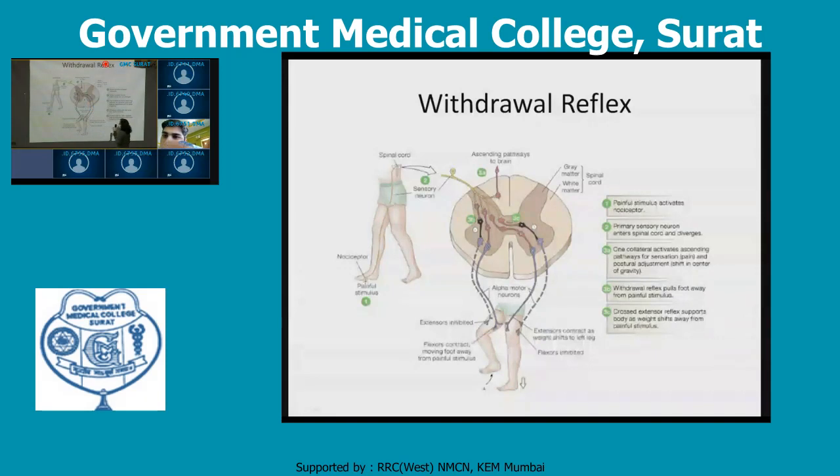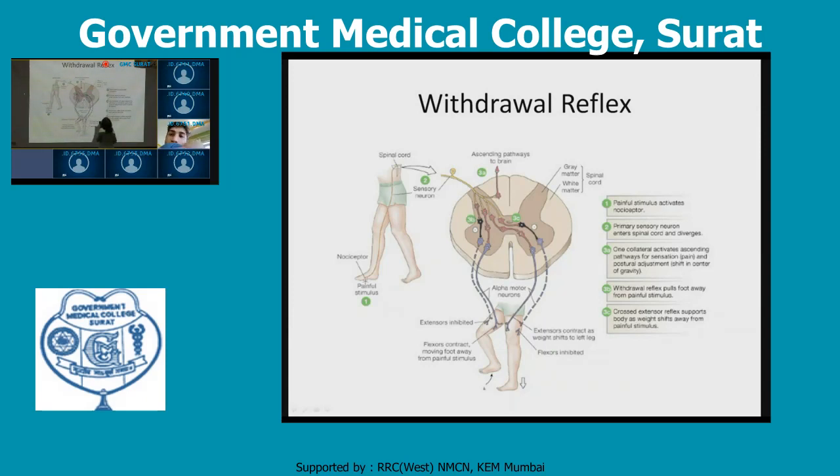Then one collateral activates the ascending pathway for pain sensation and the postural adjustments, as there is a shift in the center of gravity. One limb of the afferent goes upward for pain sensation, and with this, the other limbs are activated through multiple interneurons.